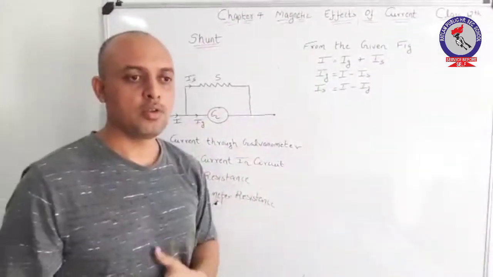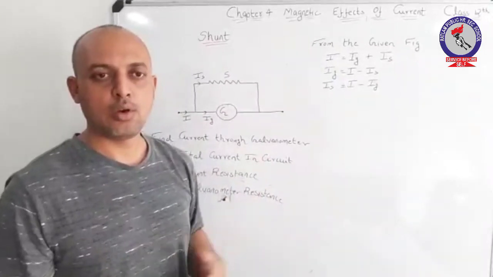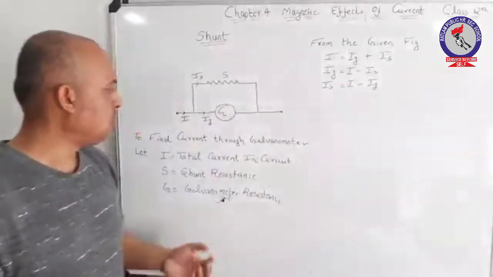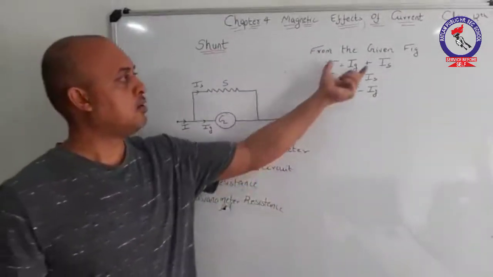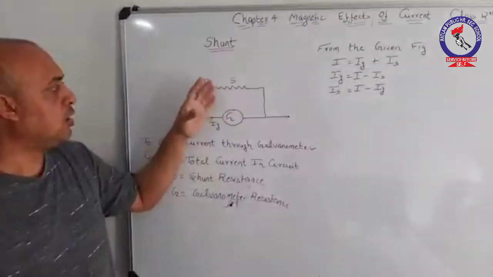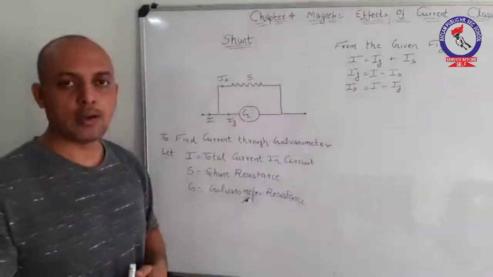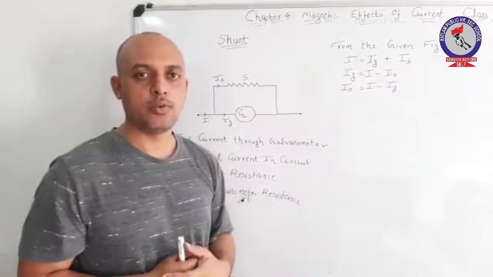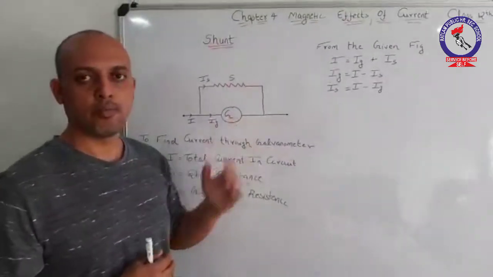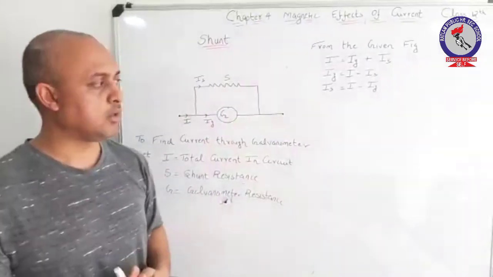In the starting of this concept, I said that we need to calculate the magnitude of current which is passing through this galvanometer. Considering these two equations and applying Ohm's law to this circuit, as both are connected in parallel, the potential difference or potential drop across the shunt will be the same as the potential drop across the galvanometer.